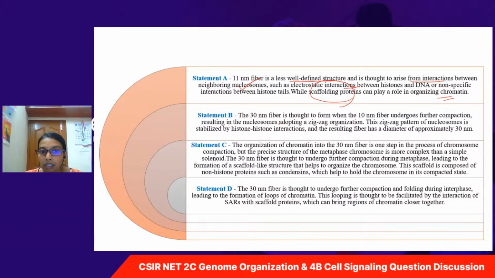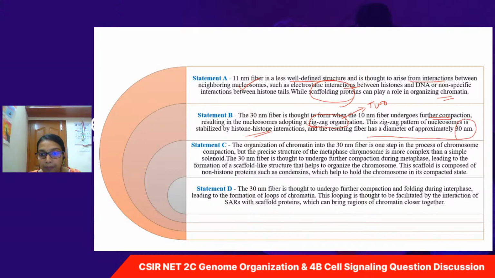Statement B: the 30 nanometer fiber is thought to form when the 10 or 11 nanometer fiber undergoes further compaction, resulting in the nucleosomes adopting a zigzag organization. This is relevant to the solenoid helical model or the zigzag model, and it is stabilized by histone to histone interactions, and the resulting fiber has a diameter of about 30 nanometer.